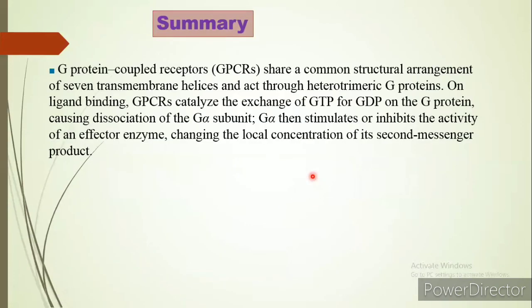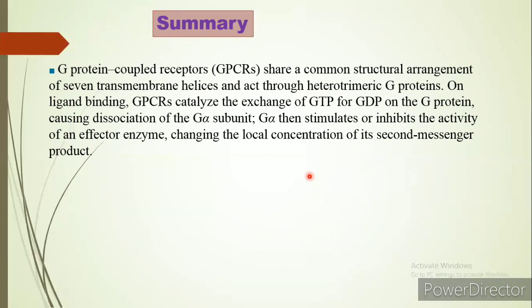Now, a summary of the G protein coupled receptor. GPCRs share a common structural arrangement of seven transmembrane helices. I have already told you about the structure of the receptor, and they act through the heterotrimeric G protein, that is, the three subunits of the G protein.